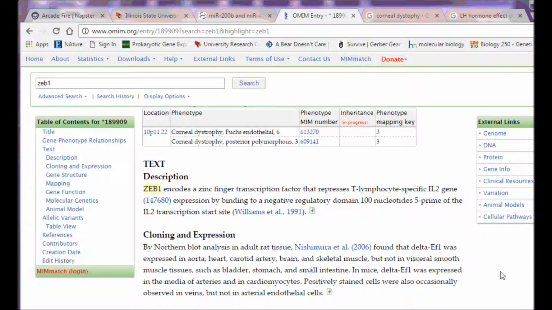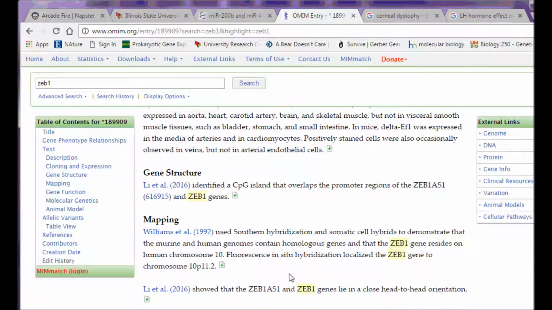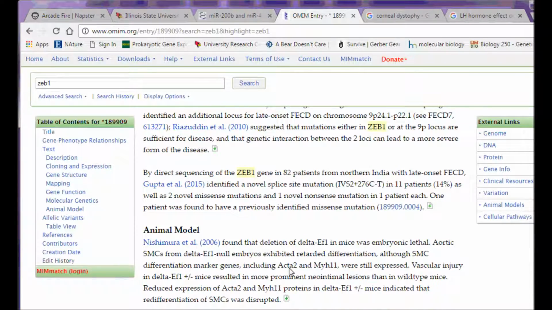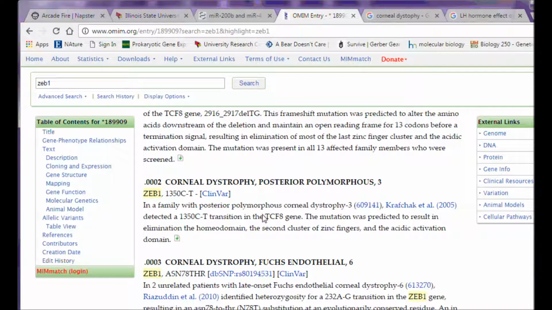So my take from this site is that we learned some things about human ZEB1. For instance, mutations in ZEB1 have led to diseases, a lot of eye diseases here, so corneal dystrophy, a couple different cases, posterior polymorphous corneal dystrophy, and Fuchs endothelial corneal dystrophy.